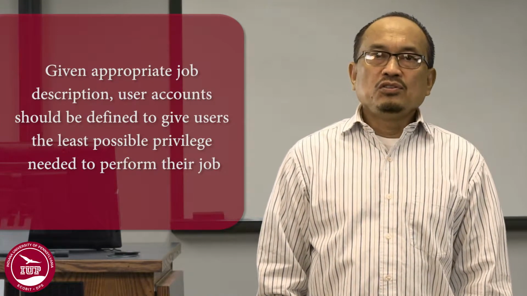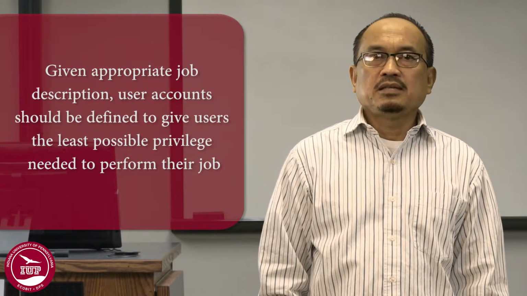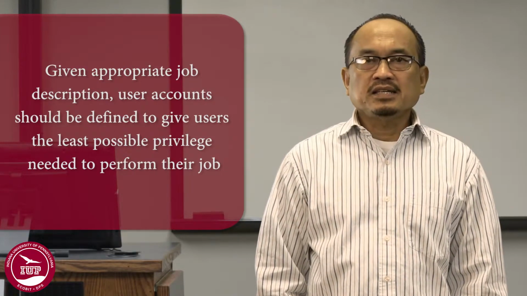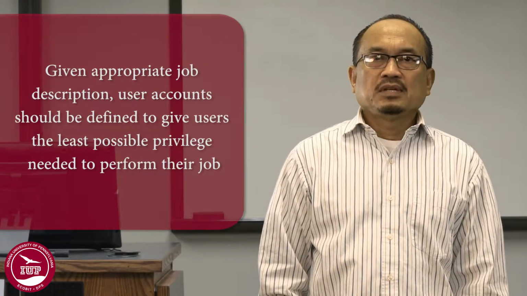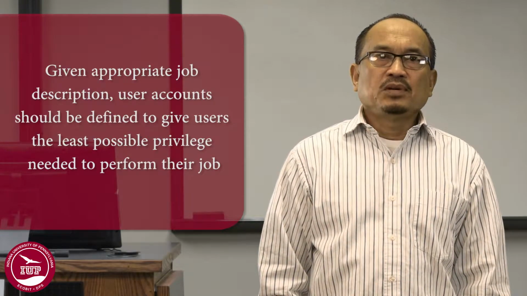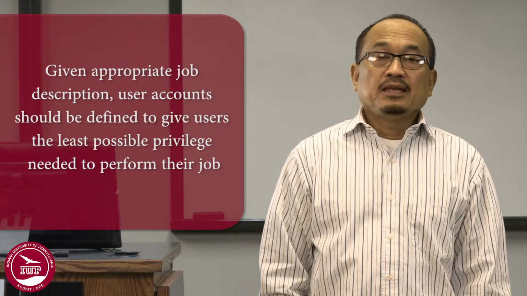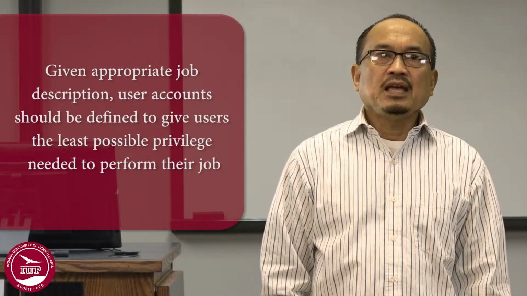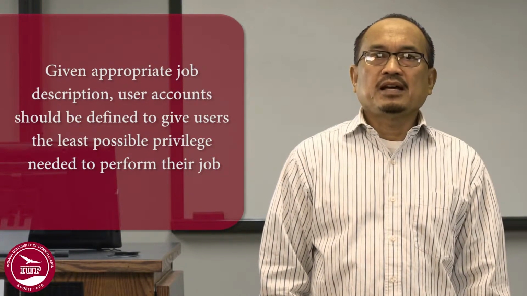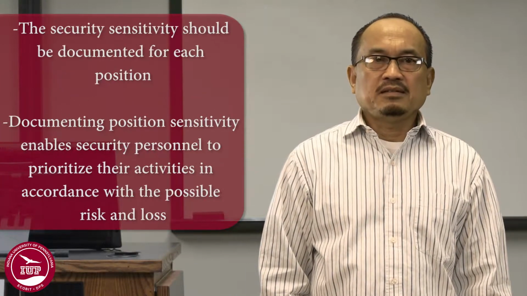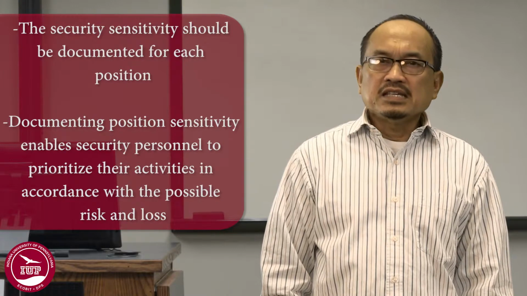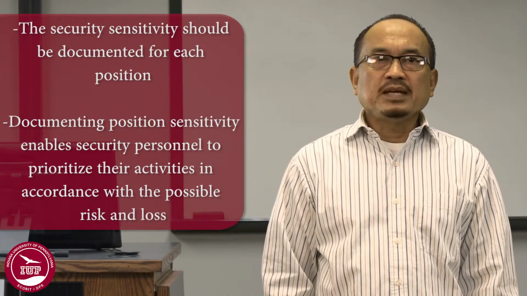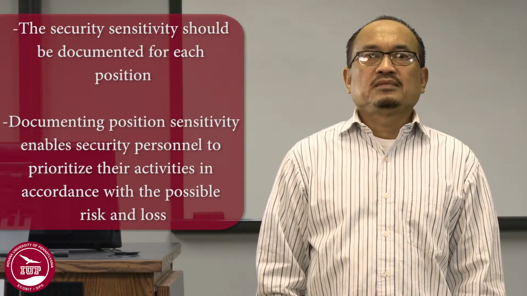Similarly, user accounts should prohibit users from accessing data their job description does not require. Because of the problem of semantic security, even access to seemingly harmless or safe data may need to be limited. Finally, the security sensitivity should be documented for each position.